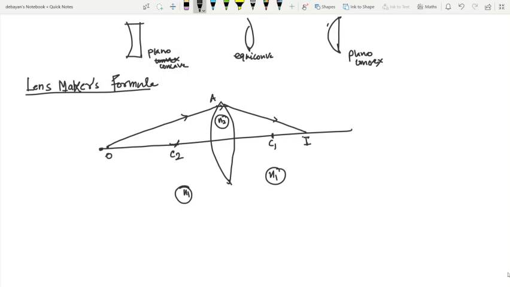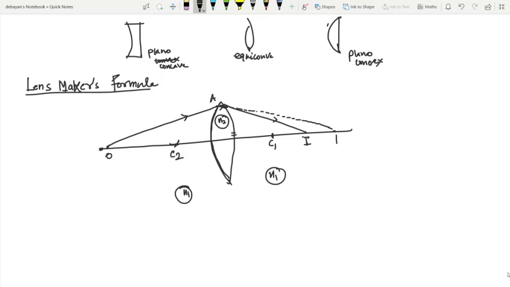Since there are two refracting surfaces, for this object the first refracting surface forms an image at some point.